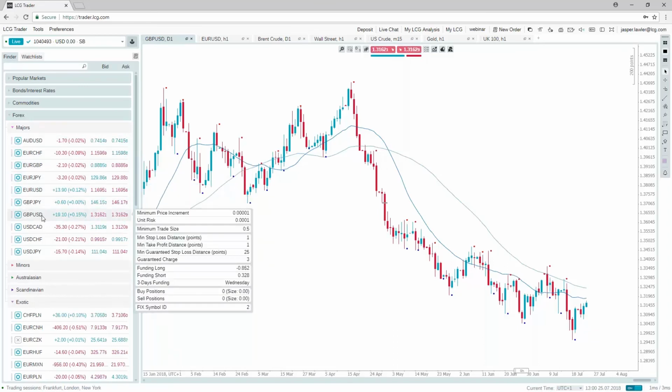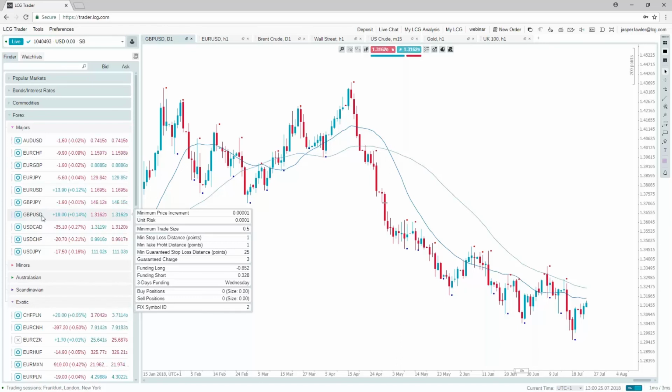You can see it gives you a little summary if you hover over it, giving you key details on the market. You can trade these tiny little tenths of a pip and still make profits and losses on the price movements of those tiny moves.